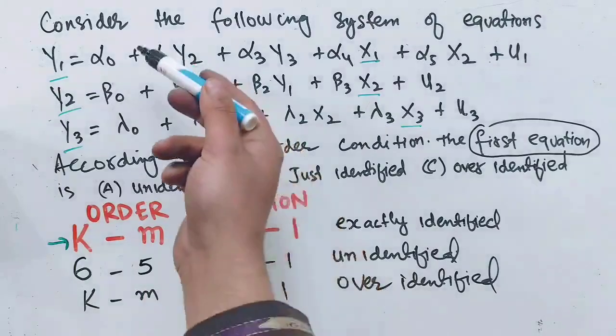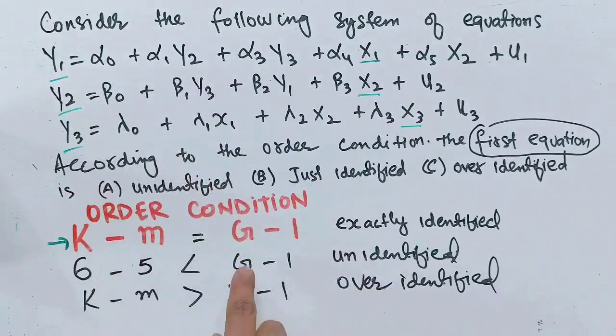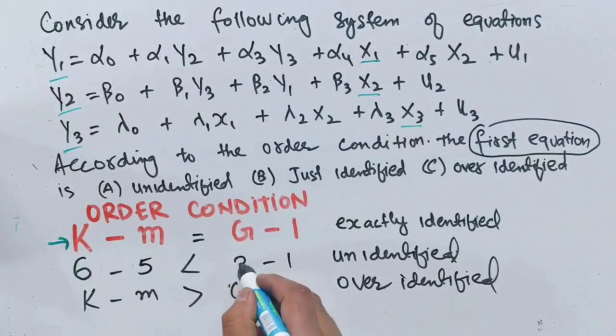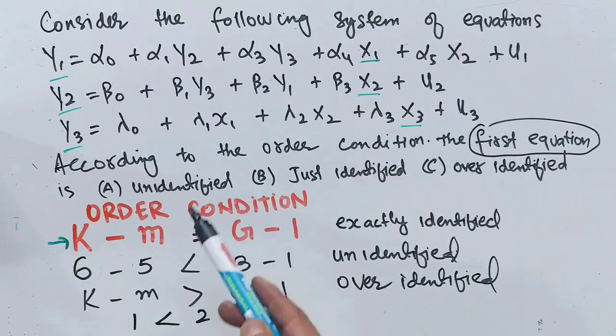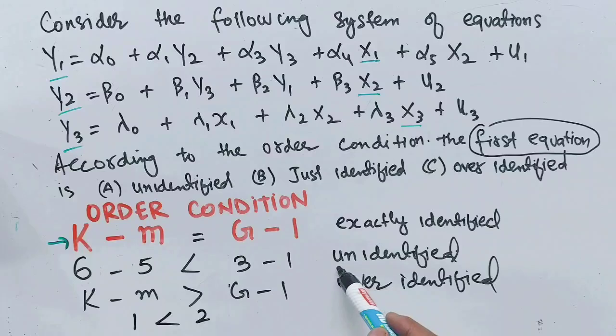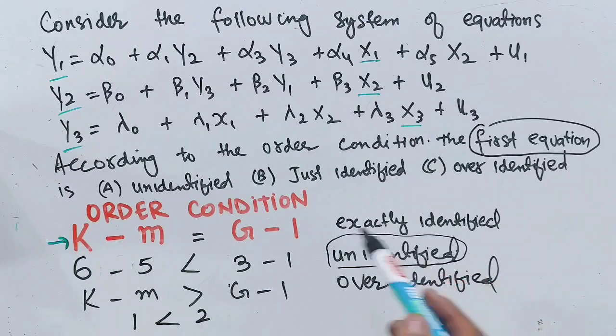Now g, the total number of equations, is 1, 2, and 3, so 3. Now 6 minus 5 is 1, and 3 minus 1 is 2. So this inequality holds, which means the first equation is unidentified. So the correct option should be option A here.